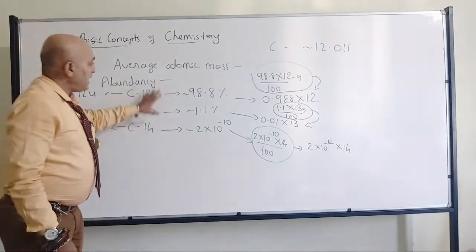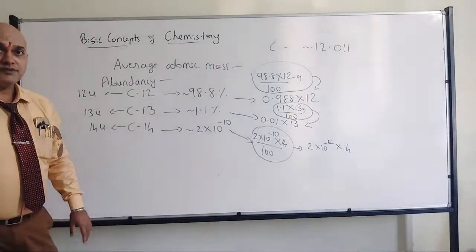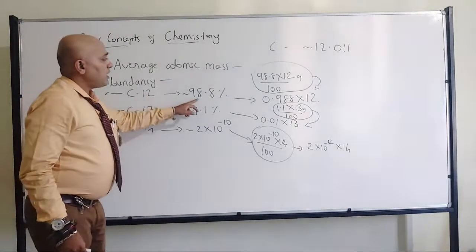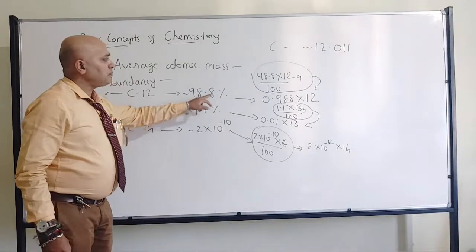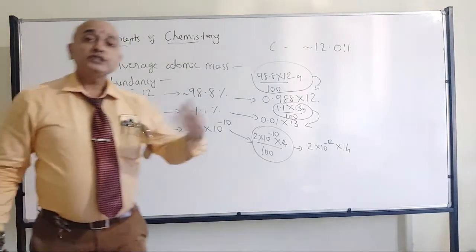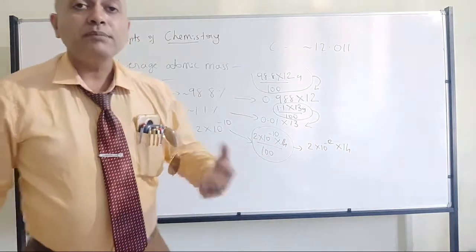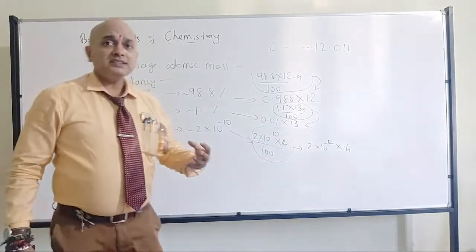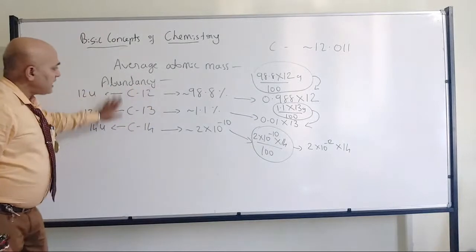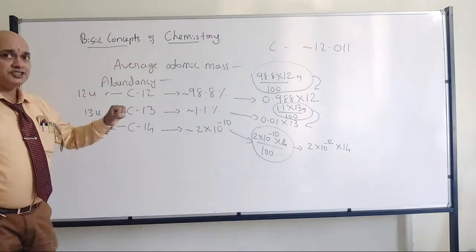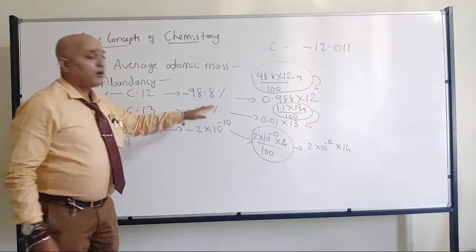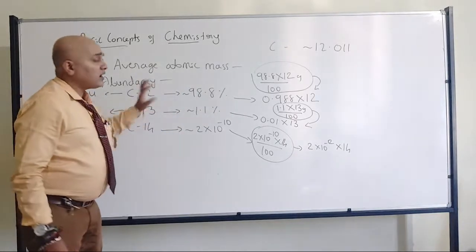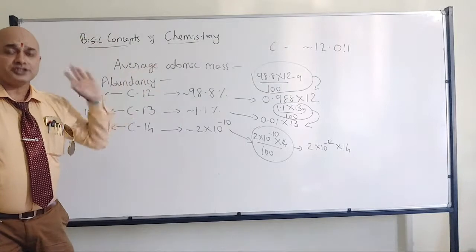Carbon 12's occurrence in nature is 98.8 percent. Percentage is related to 100, so if I take 100 gram of carbon from nature, 98.8 gram will be carbon 12 only.